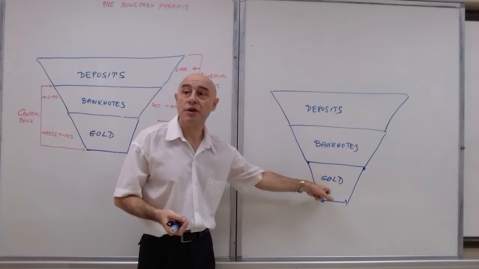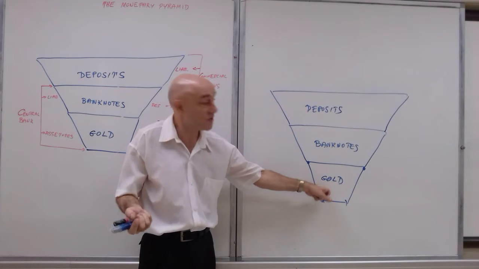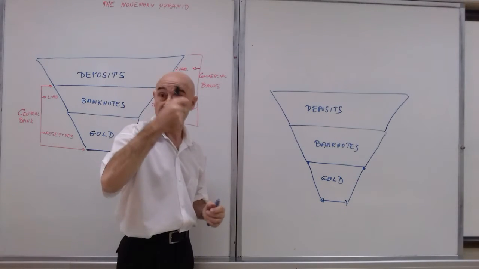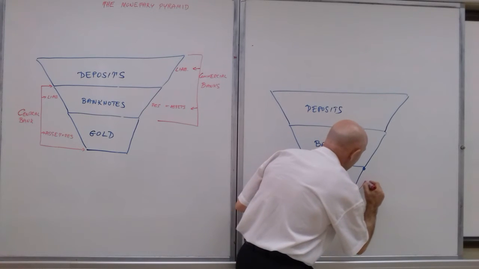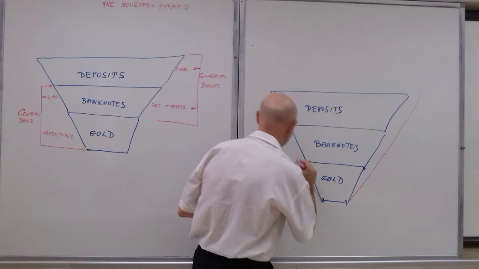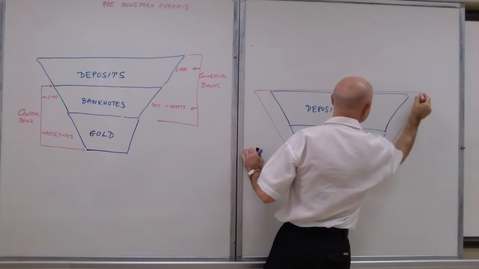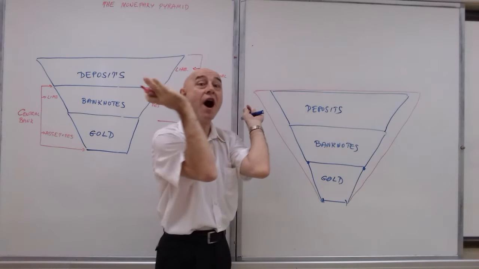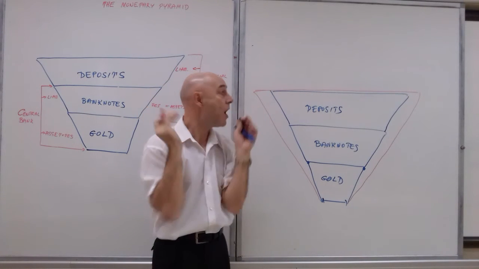What if we increase the multiplier to 3? In other words, reduce the fractional reserve from 50 to, let's say, 33%. Well, red color, the system will begin to look like this. The pyramid is going to get wider at the top and narrower at the bottom.